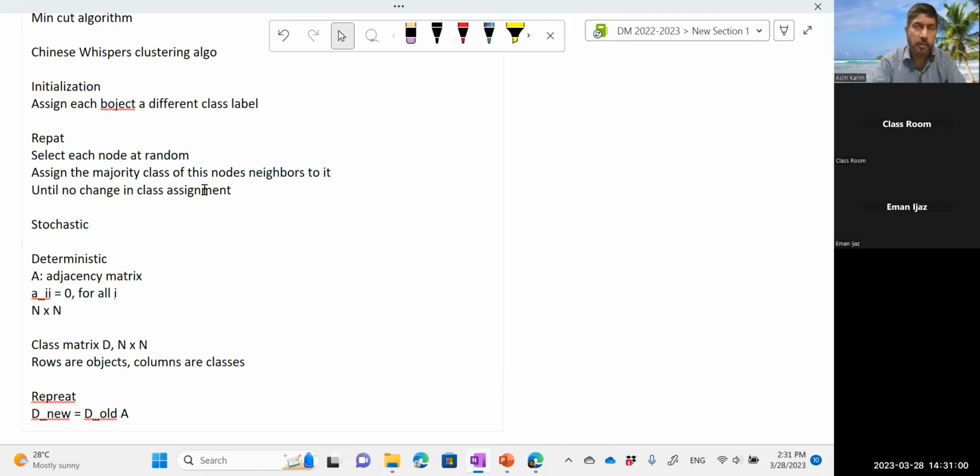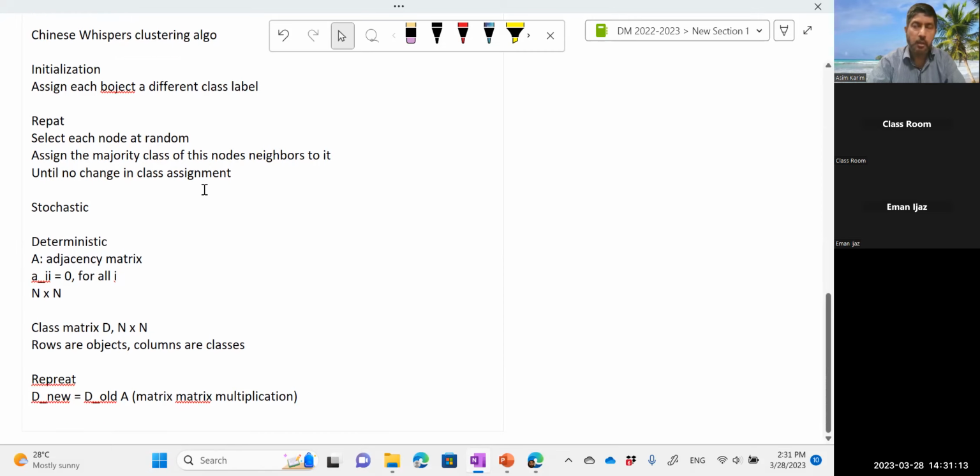So A is the adjacency matrix multiplication, ठीक है. And then इसको मैं प्राइम कर देता हूँ just to distinguish.